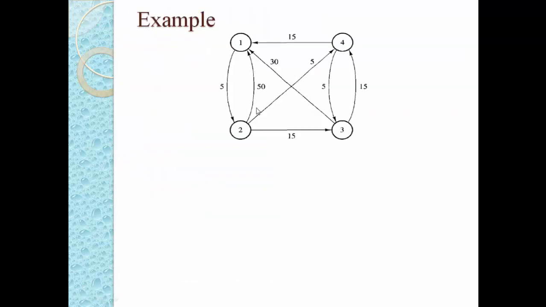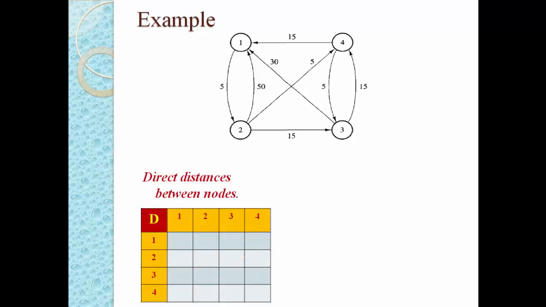Let's take one example. Suppose we have one graph with 4 different nodes, node number 1 to node number 4, and we want to find the shortest path for all pairs of nodes using the Floyd algorithm. As per the Floyd algorithm, the first step is to prepare 2 different matrices. Matrix number 1 is the direct distance between nodes.